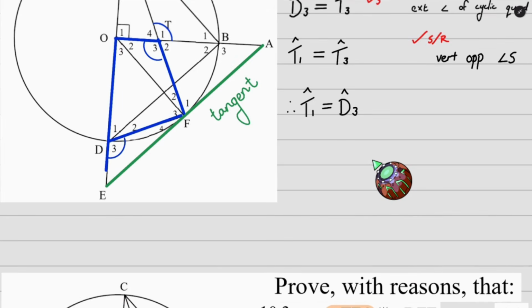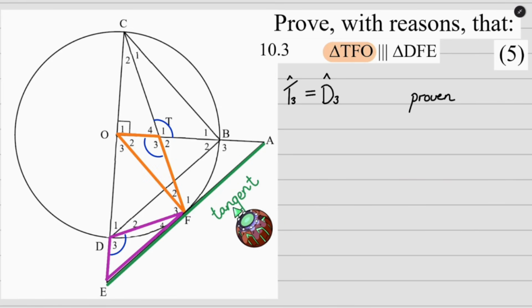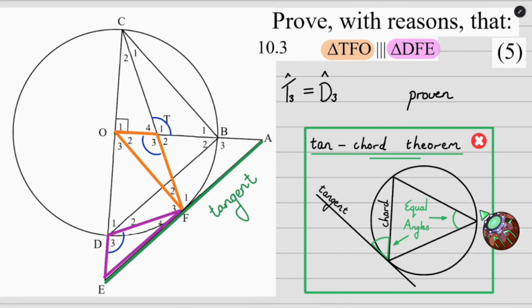In case you're curious, we proved it here with exterior angles of this blue cyclic quad that D3 has to be equal to T3. Alright, and I'm seeing a sneaky tangent. So with this angle inside of the purple triangle, I can apply the tan chord theorem. So the angle between the tangent and the chord will be equal to the angle that the chord subtends.